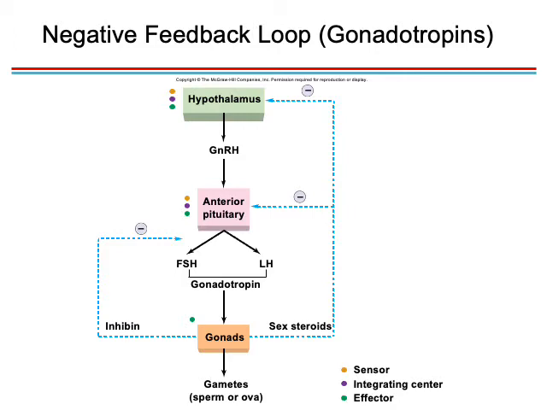Again, we're going to talk about two types of gonadotropins. Both are smallish proteins: follicle stimulating hormone, or FSH, and luteinizing hormone, or LH. Both gonadotropins, as they are called, are controlled by one releasing hormone from the hypothalamus, known as gonadotropin releasing hormone, or GnRH.